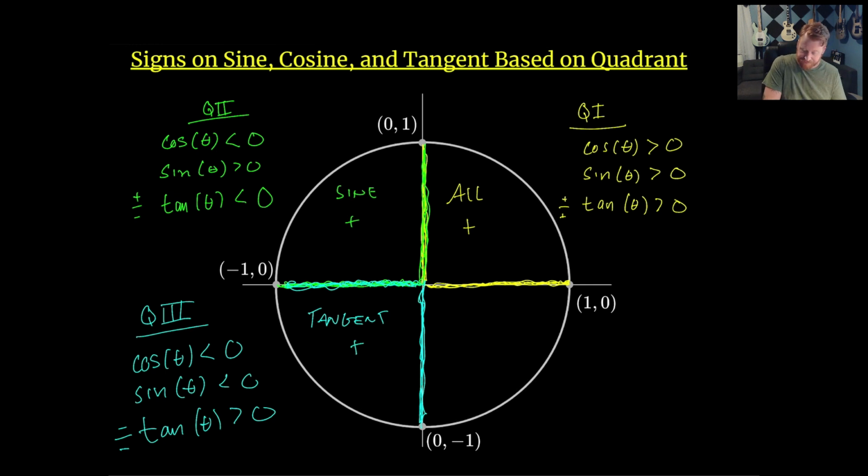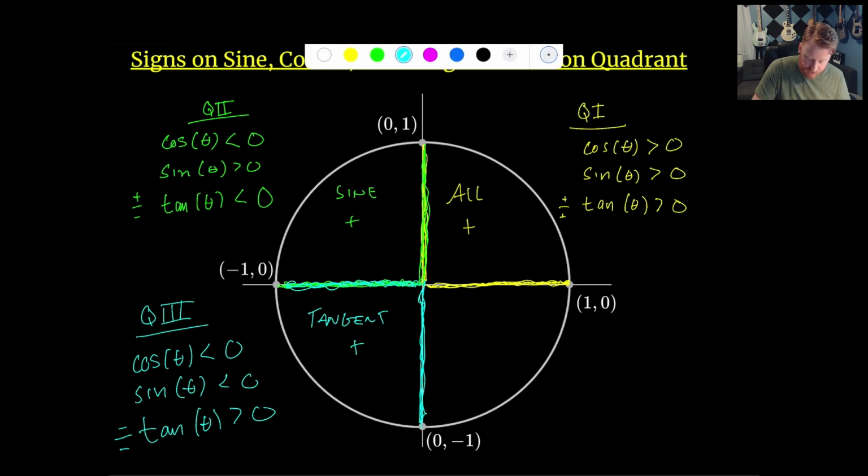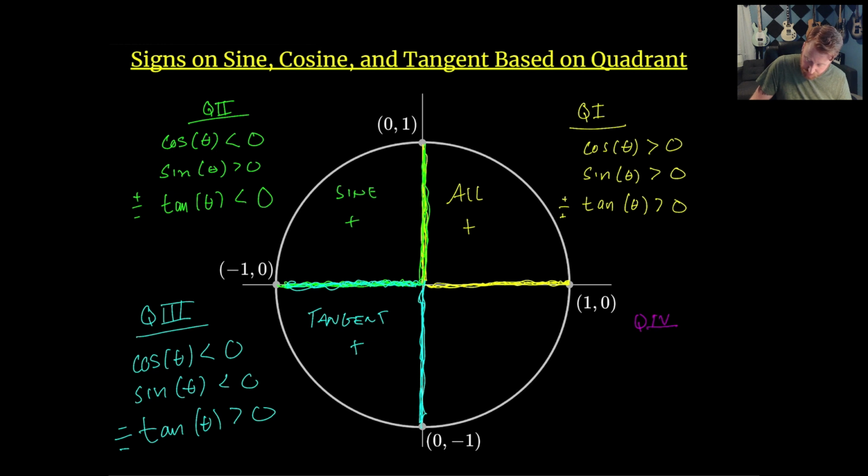And then if we take a look at the fourth quadrant here, so here's Q4. We take a look at the cosine. Well, the cosine's back to being positive. All of these x values are positive over here. So the cosine of theta terminating in the fourth quadrant is going to be positive. And the sine values will continue to be negative.